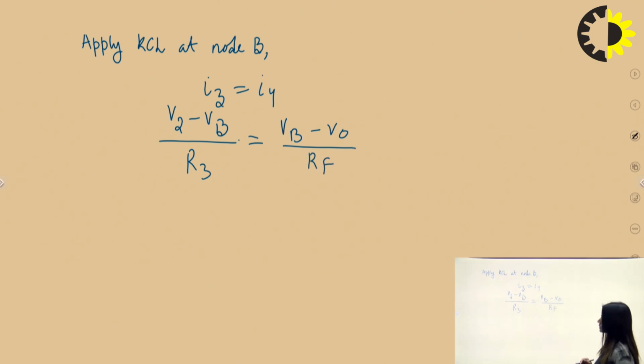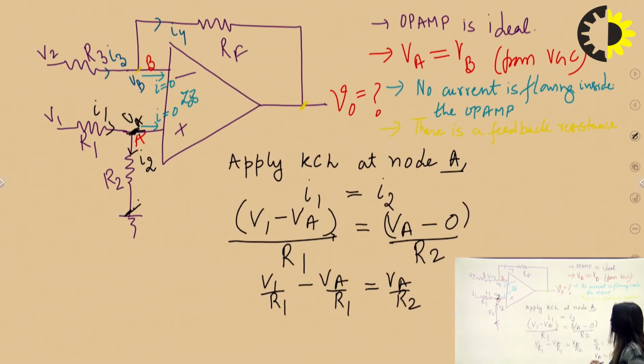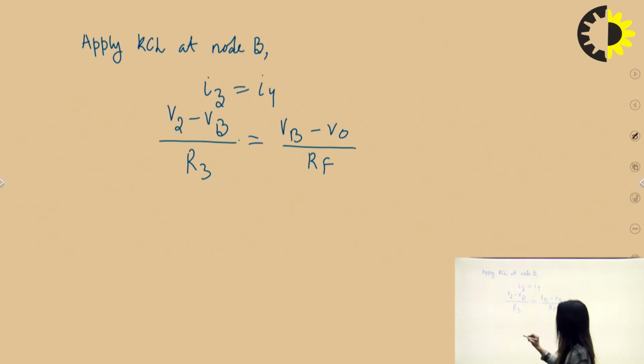Now this I will solve. I have one more thing: VA is equal to VB. So at VB I will write V1 R2 upon R1 plus R2.